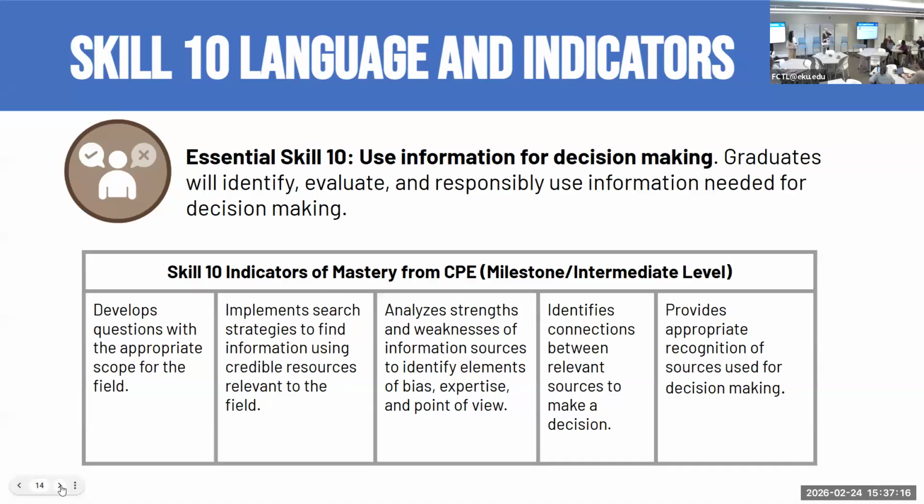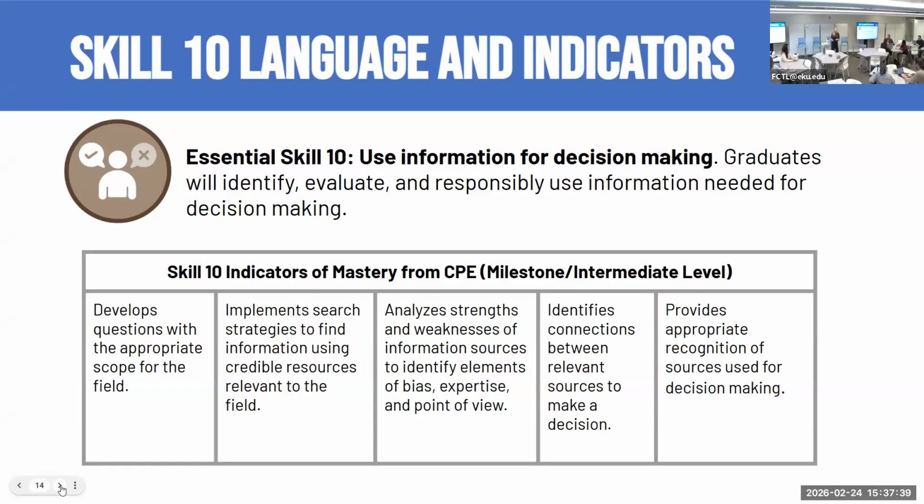All right. So I wanted to also look at the language. We know use information for decision making. I have said that so many times that you're going to wake up saying it in your sleep, but graduates will identify, evaluate, and responsibly use information needed for decision making. This is the longer version that they give us.